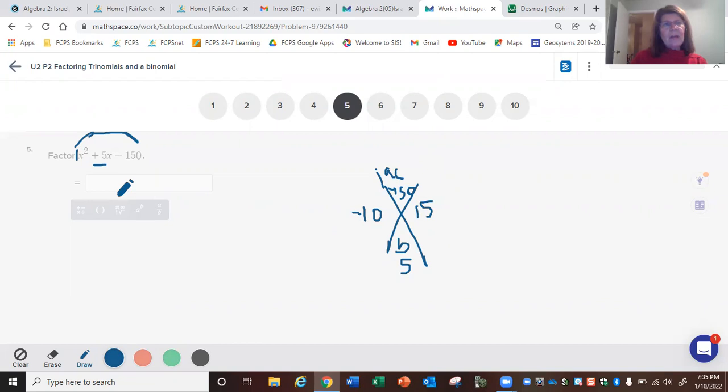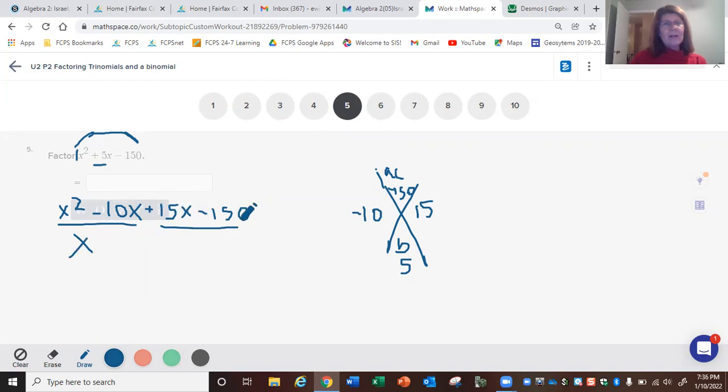Now I'm going to rewrite this. I've got x squared, and I'm going to write my 5x as negative 10x plus 15x, and then I'll bring down the minus 150. I've got 4 terms, so I'm going to do my grouping. The common factor here is x.